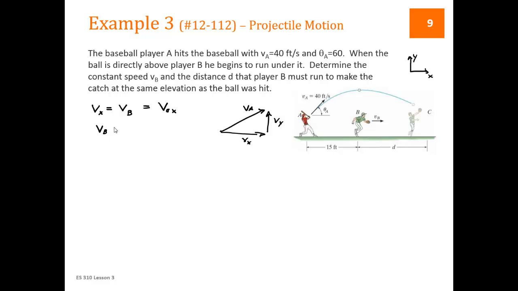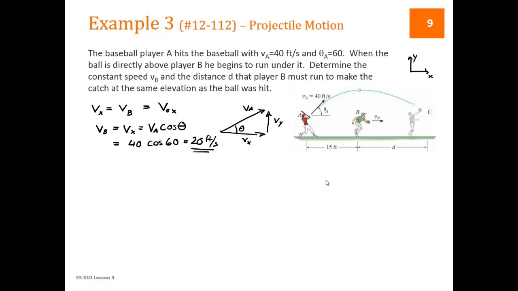VB is going to equal Vx, which is VA, the hypotenuse, this is our theta, times the cosine of theta, because it's the adjacent. So we know those numbers, so VB is going to be 40 cosine of 60, which you plug into your calculator, you're going to get 20 feet per second. So that's the first part. We just solved for the velocity of player B.